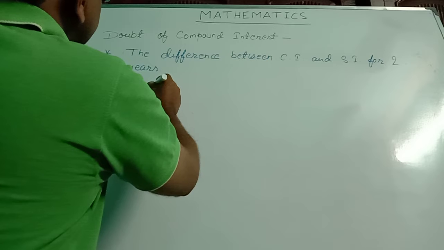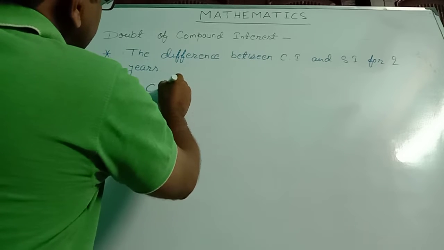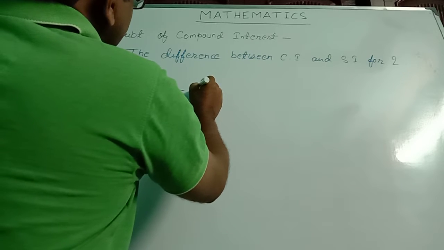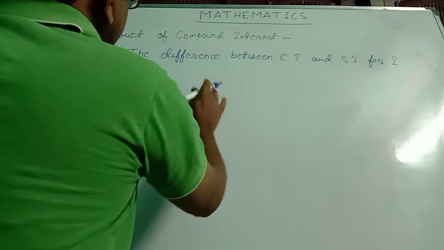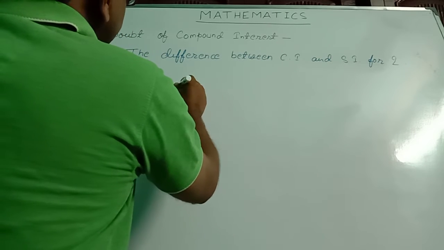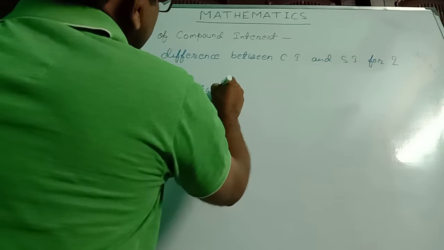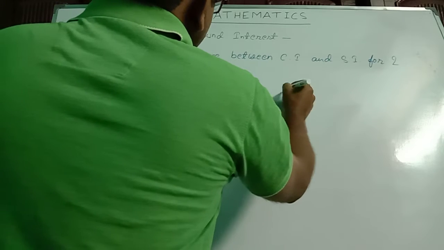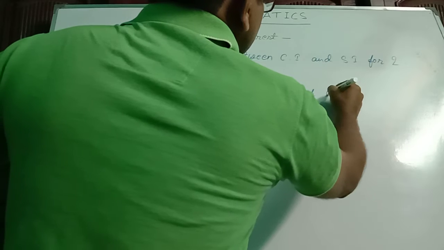As we say, CI minus SI, CI of 2 years minus SI of 2 years.